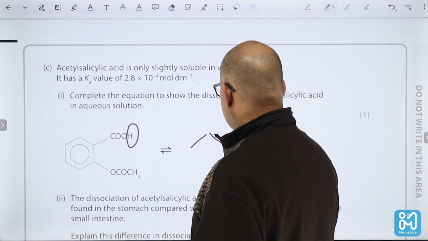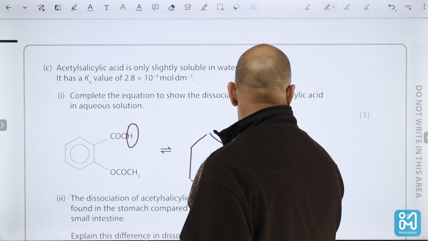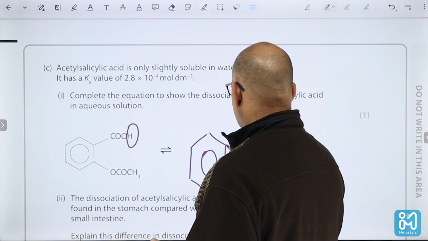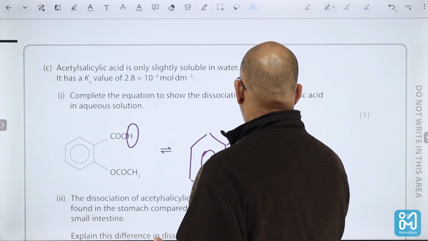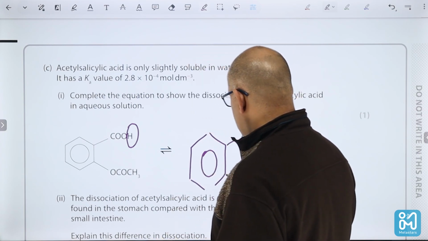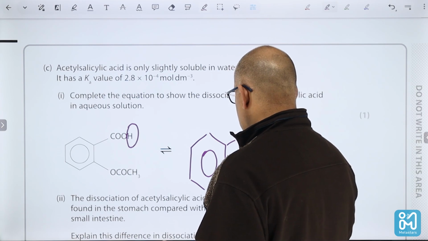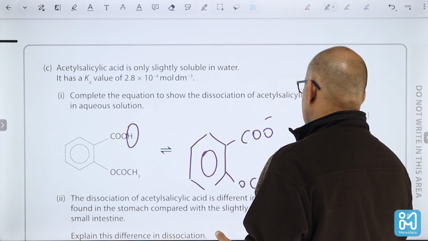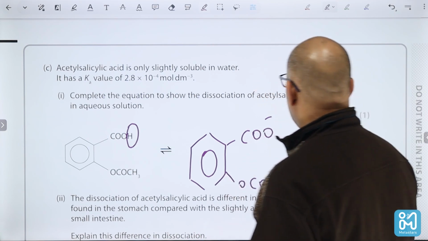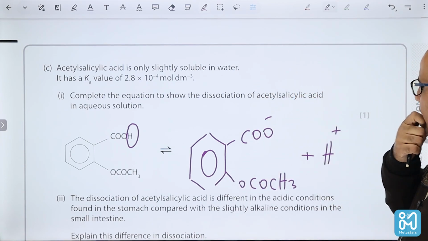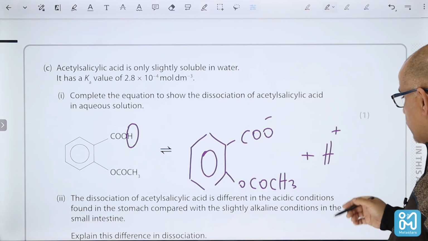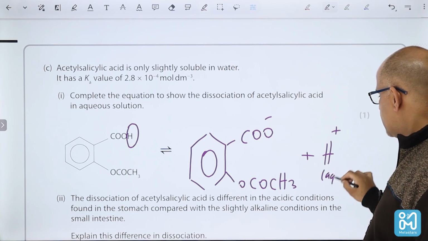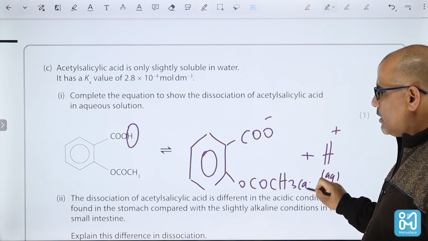You have one mark for doing this, so it's COO negative, and here OCOCH3 is kept the same, and this is plus hydrogen. State symbols are not required, or you can write them since it is aq.